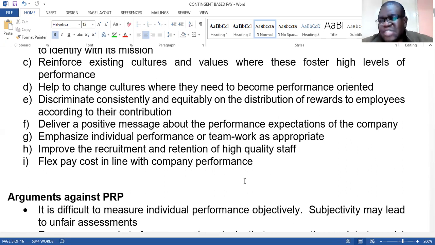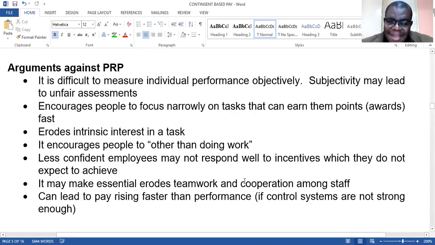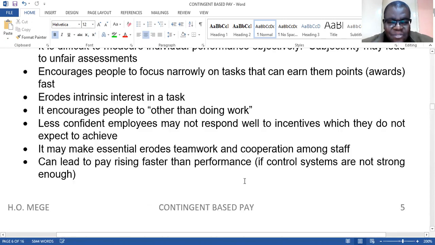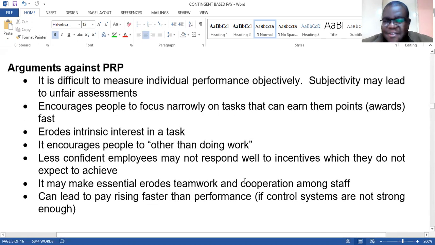That you don't have situations where every year you pay and employees will expect to be rewarded whether or not their performances merit. So because of that, PRP schemes are there and they are popular.